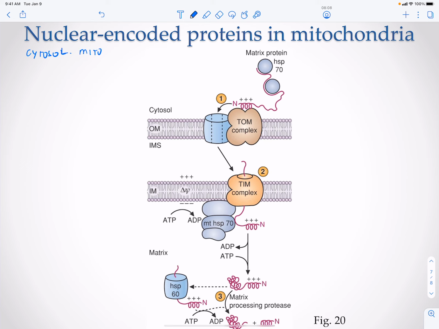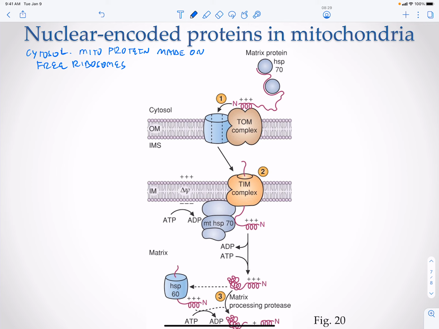So you have our mitoproteins, and these are made on free ribosomes. So these do not go into the ER. They're not associated with ER.